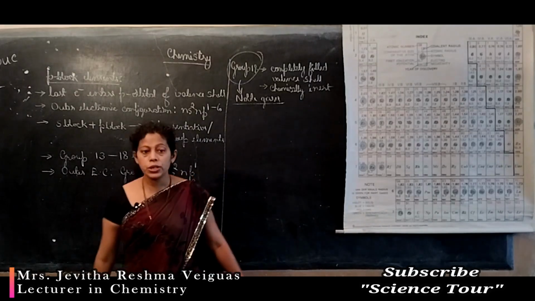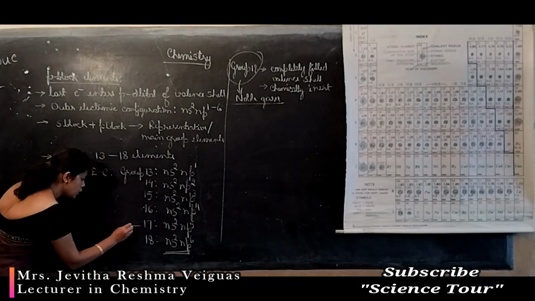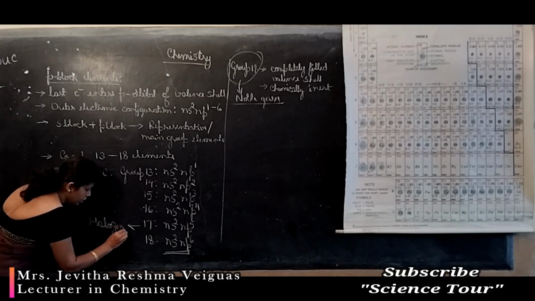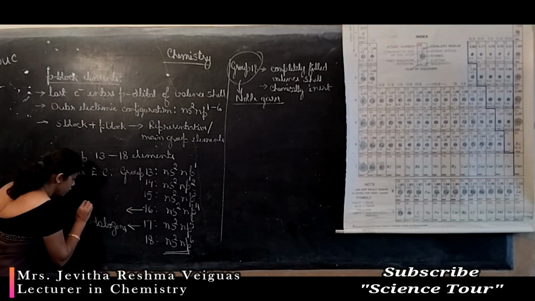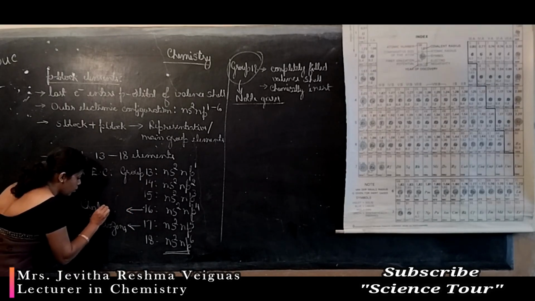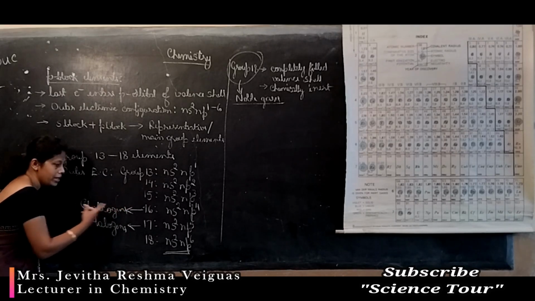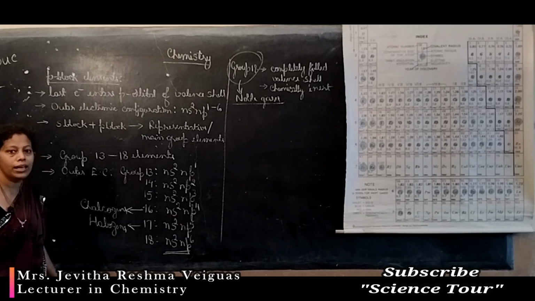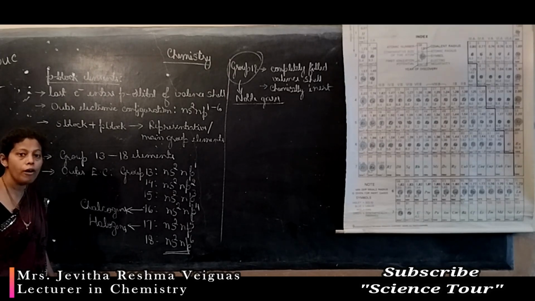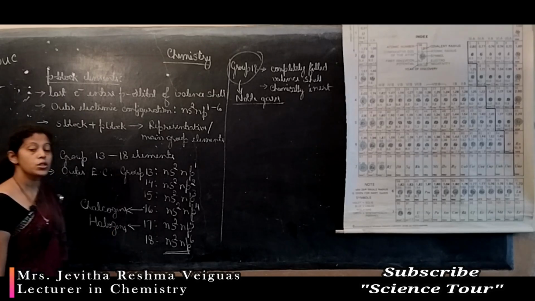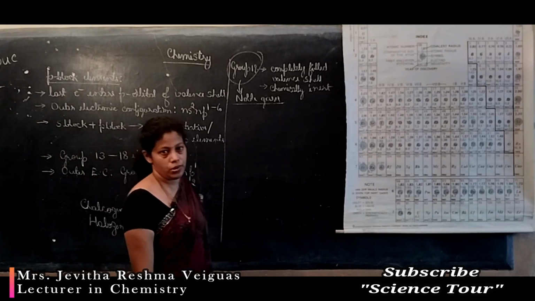Whereas group 17 elements are called halogens, and group 16 elements are called chalcogens. Chalcogens means ore forming elements. Halogens are salt producing elements.